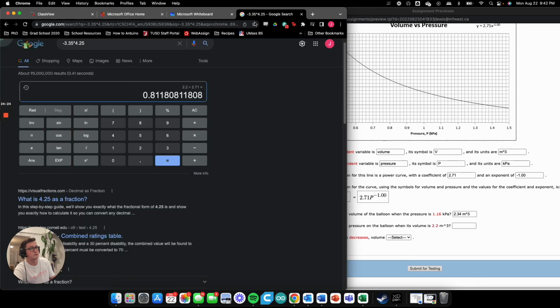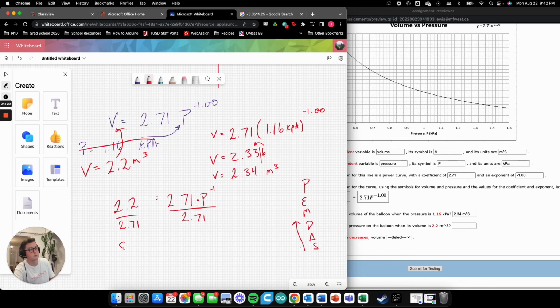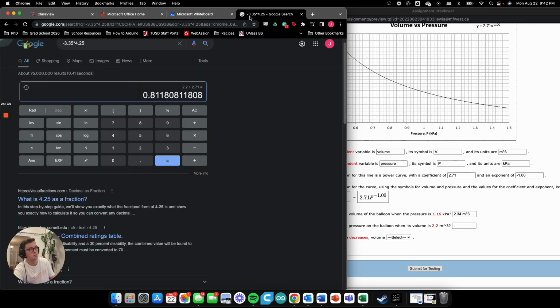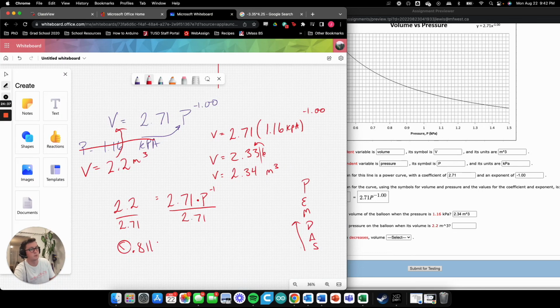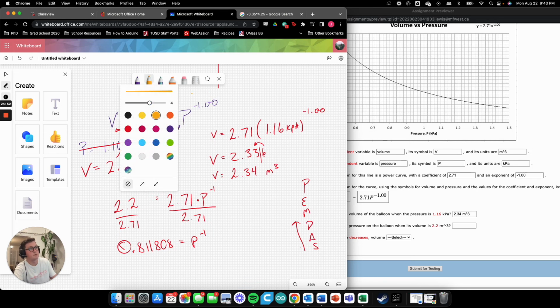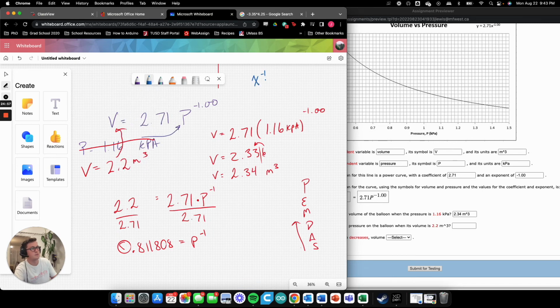Okay, and that gives us 0.811808, and that is equal to p to the negative first. Just for reference, so you know what I'm about to do here: x to the negative first can be rewritten as 1 over x.